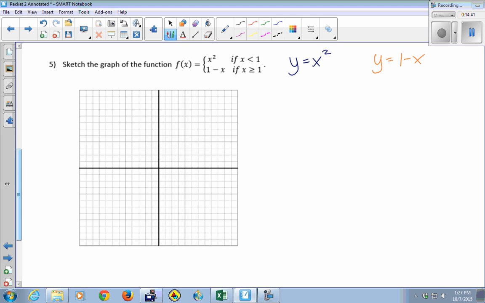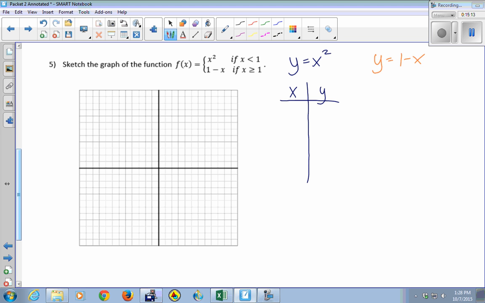Okay, so let's work on y equals x squared first. So I'm just going to make a little XY chart, get some points to plot, and see what this graph looks like. All right, so what kind of x values can I plug into the x squared formula? Negative, 0, a half, 3/4, 7/8, anything up to 1 but not 1, right?